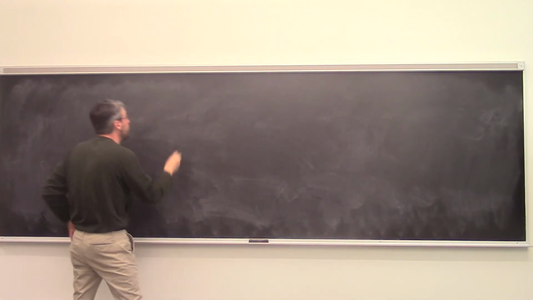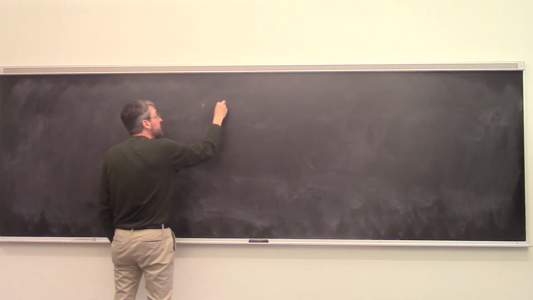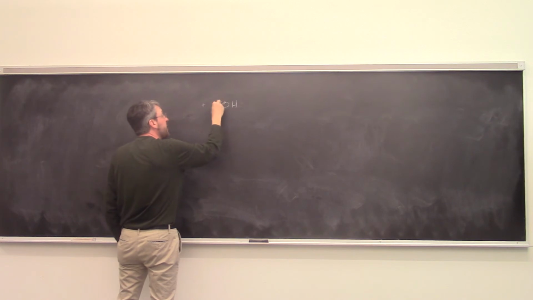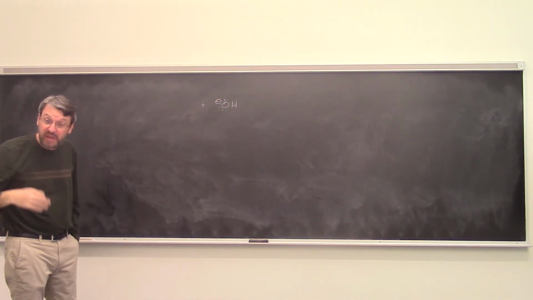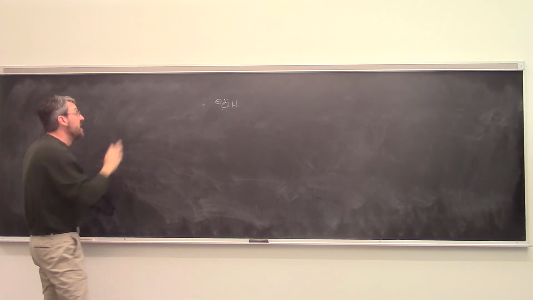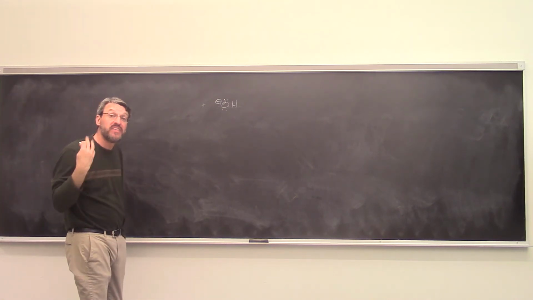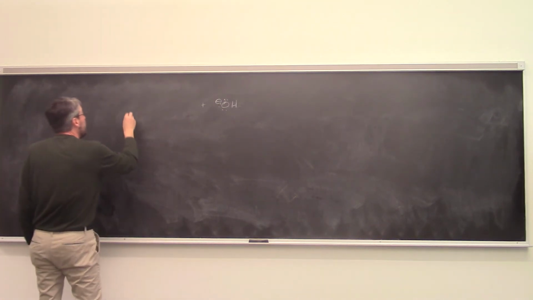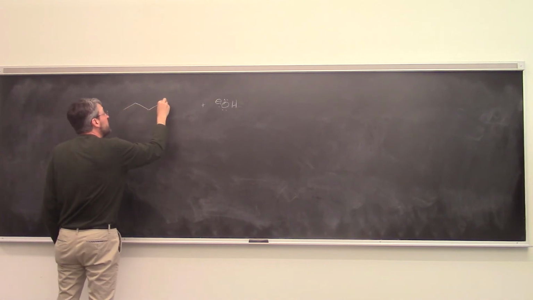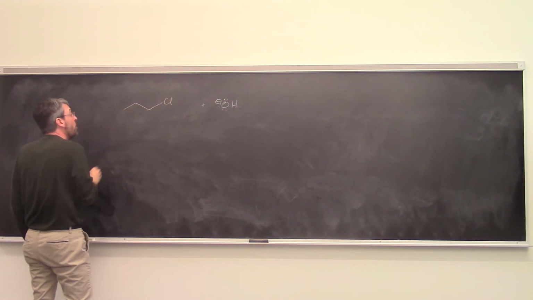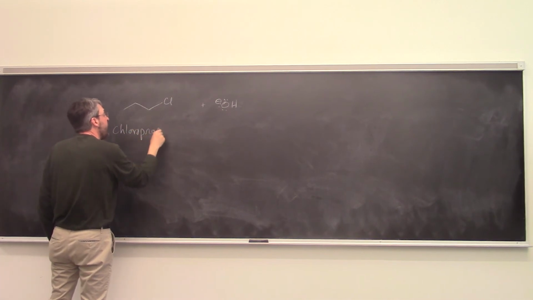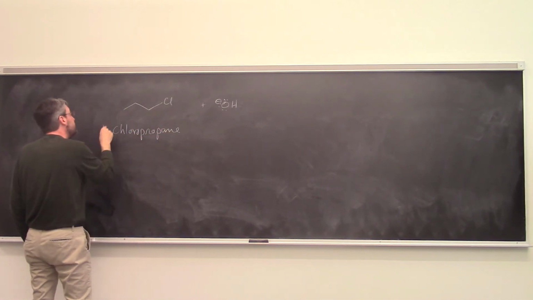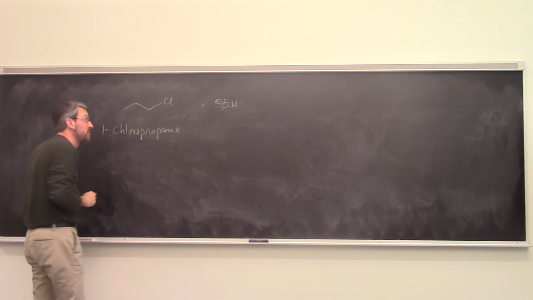Okay, so let's look at the following. We're going to use OH minus again. You're going to see this is actually a fairly common one with respect to it being a Lewis base or nucleophile as well. But now, instead of something that has an H plus to be used, let's think about something like chloropropane. Okay, and this is one chloropropane.